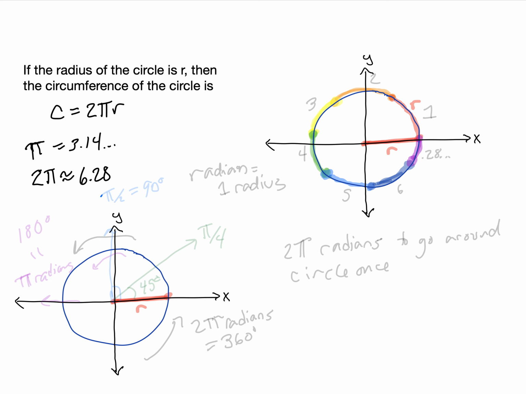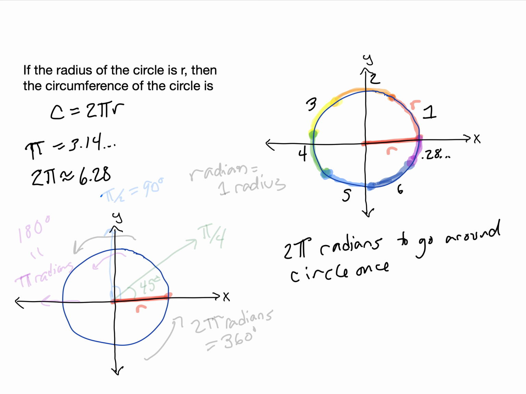So how many times should the radius go around the circle? The circumference is 6.28 times the radius, so it should go around 1, 2, 3, 4, 5, 6, and a little more, 0.28. That means it takes 2 pi radians to go around the circle once.